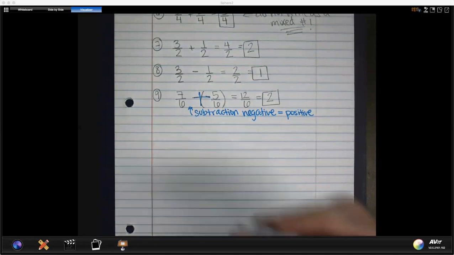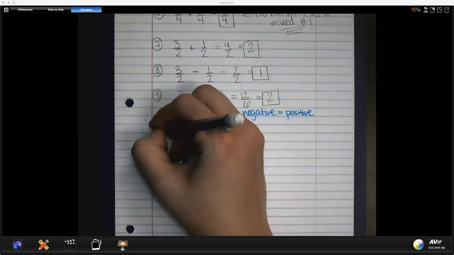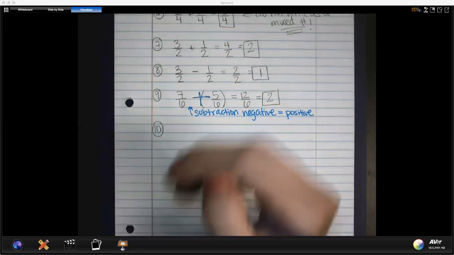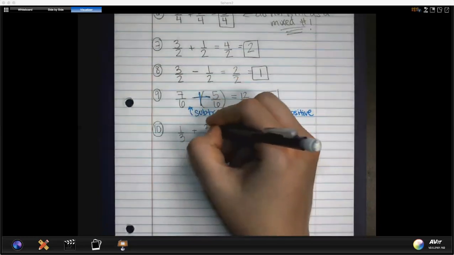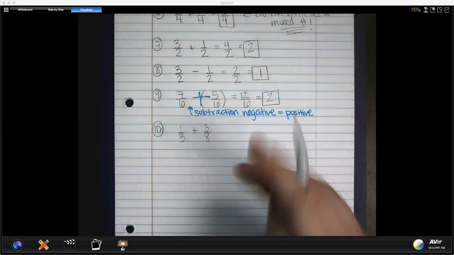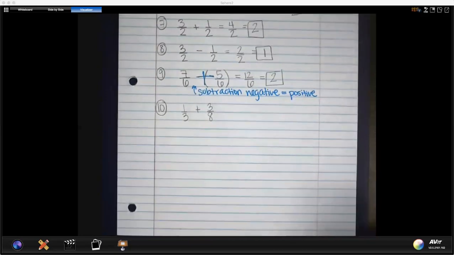Okay, now let's put in those non-common denominators. Let's talk about those. 1/3 plus 3/8. A little bit more difficult, but not insanely more difficult. We're on the second lesson. So we do need to find a common denominator.